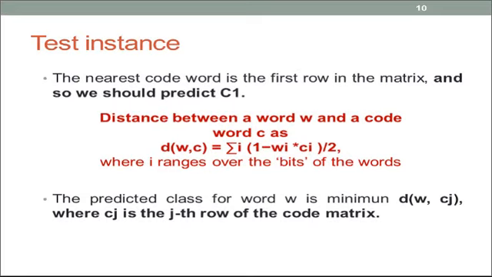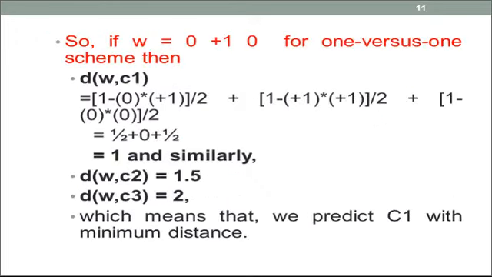Here i ranges over the bits of the word, which means the number of classifiers. We are doing this process row-wise for each of the classes, computing the distance between W and Cj. Wherever we have the minimum distance, we say that the word matches that particular class and belongs to it. Taking the same example, 0, +1, 0, with the 1 versus 1 scheme, we find the distance with respect to C1, C2 and C3 using the same formula.